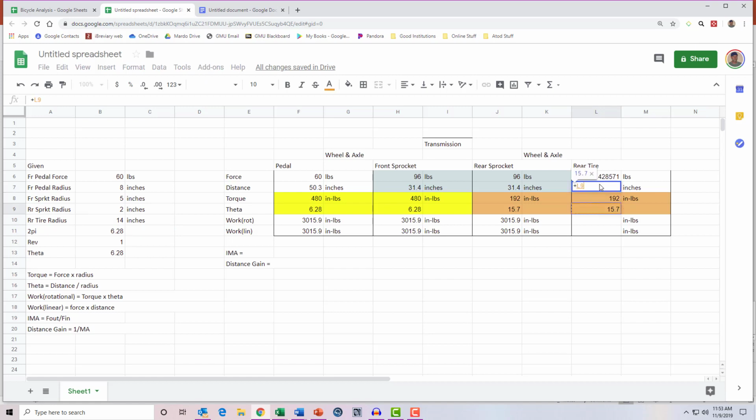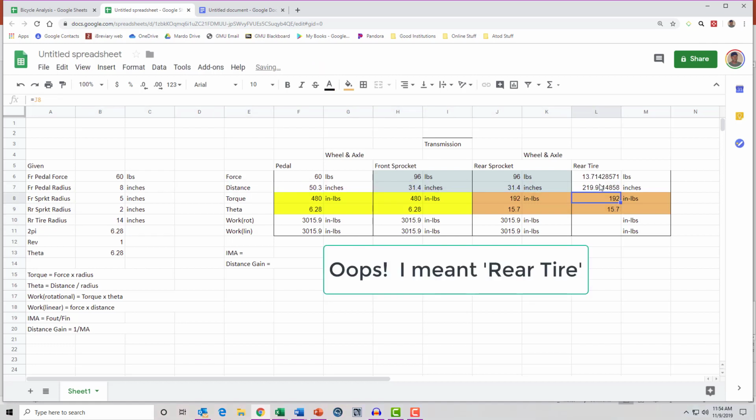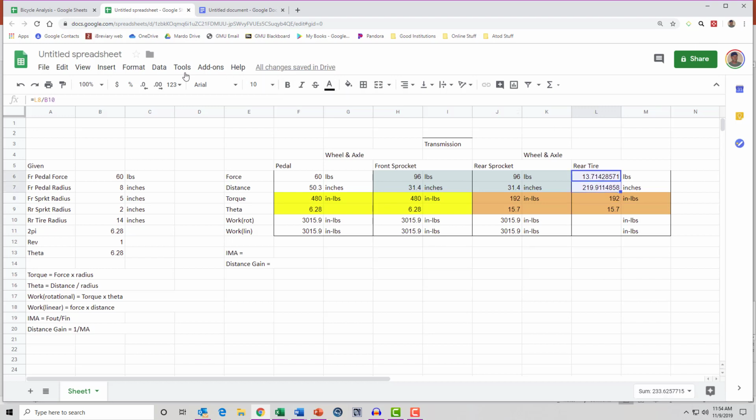So there's my theta times the radius, and the radius of the rear tire. Boom. And once again, bring these down to some numbers that we understand. Okay, and last sanity check. Did I do this correctly?